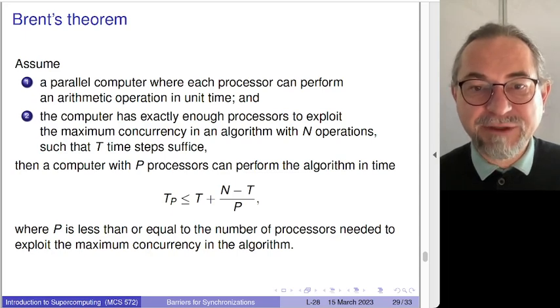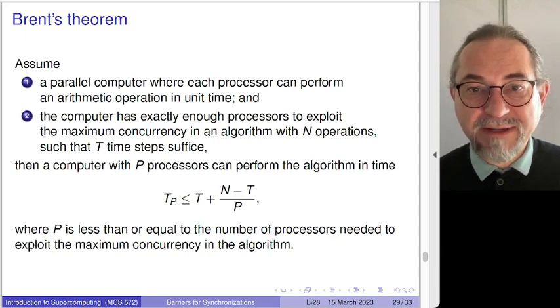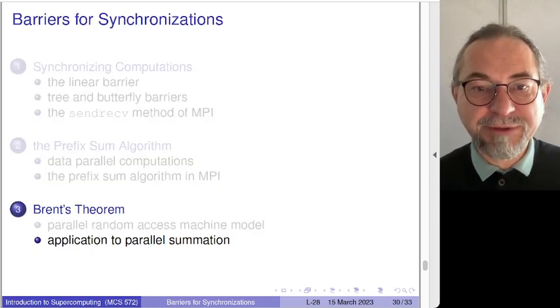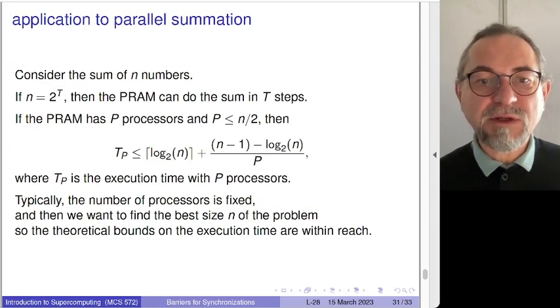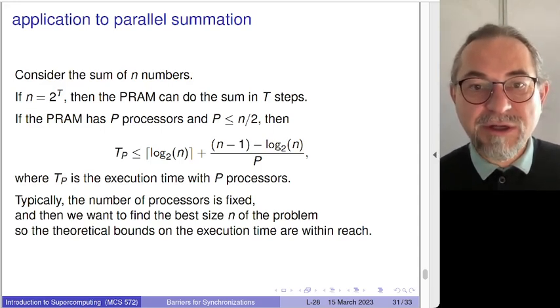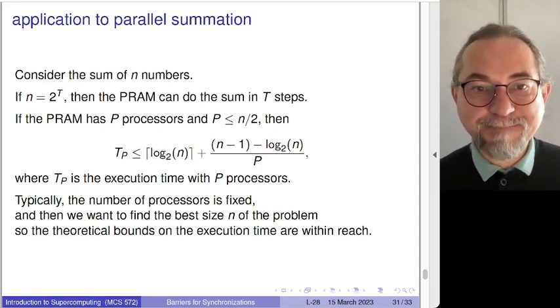And then we have the total number of operations divided by P. So this is the statement of Brent's theorem that we can now apply to justify also the speed up for the parallel execution.